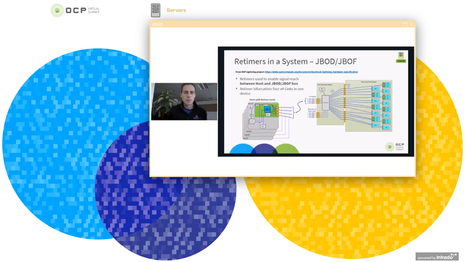And here what the retimer is basically doing is helping to span the distance from box to box, from the hosts on the left through some type of cable, mini SAS HD in this particular example, to another system which has a PCI Express switch connecting to many different SSD drives. And in this case, one feature of a retimer which would be required is to support bifurcation, to support multiple by 4 links within a single device, because SSDs are typically in the by 4 or by 2 width.